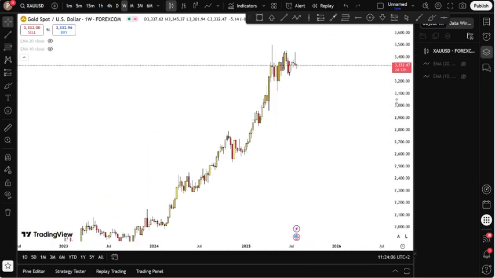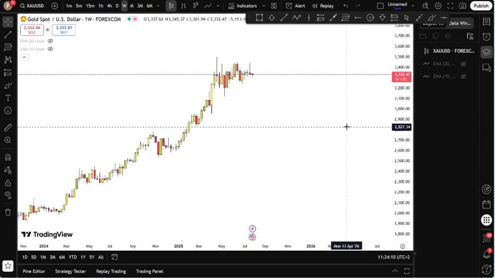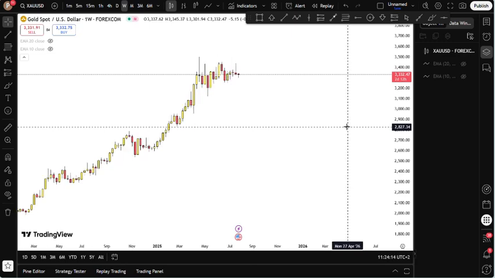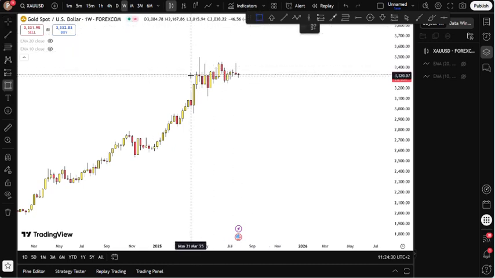We have to mark out break and retest levels, especially on the high time frames, since these high time frames, as I always mention, give the direction. So monthly, weekly, daily are for direction, and anything lower than daily is for entry. Let's identify our structure levels here on the weekly time frame.